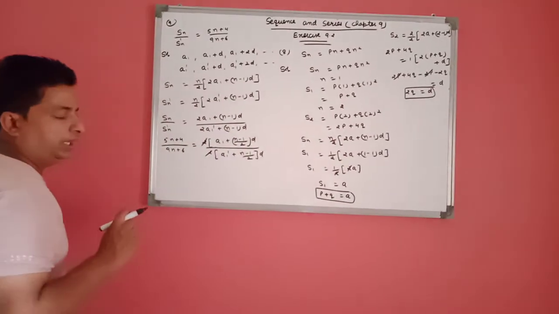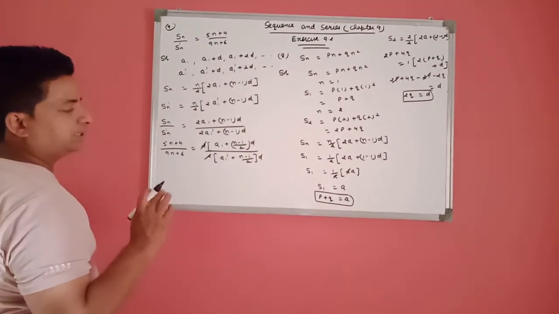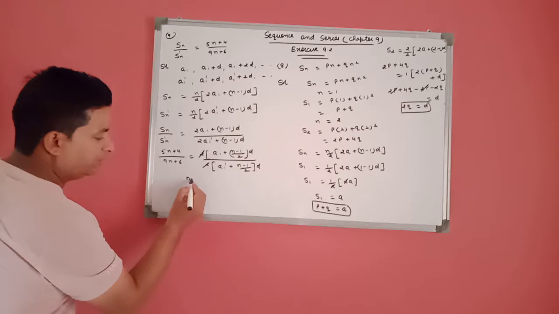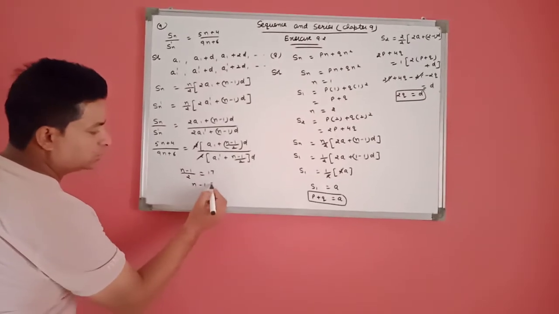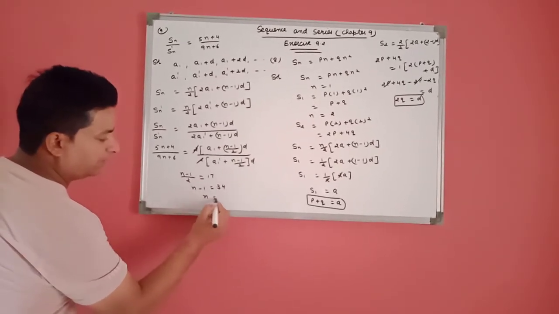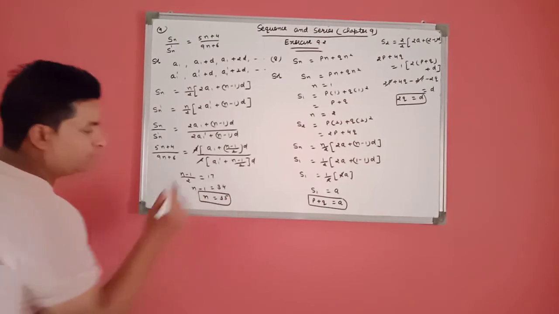In this question we are required to find the ratio of the 18th term. As we know, the 18th term is a plus 17d. So we put (n minus 1) upon 2 equal to 17. So this is 34 and the value of n is 35.